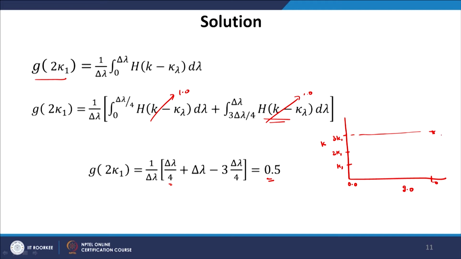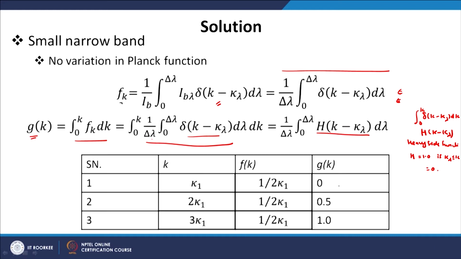At 3 kappa 1, g is 1; at kappa 1, g is 0; and at 2 kappa 1, g is 0.5. So, our distribution is basically linear. This is the k distribution we have got. That is what I have put in the table also. The g value is 0 at the first point, 0.5 at the second point and 1 at the third point.